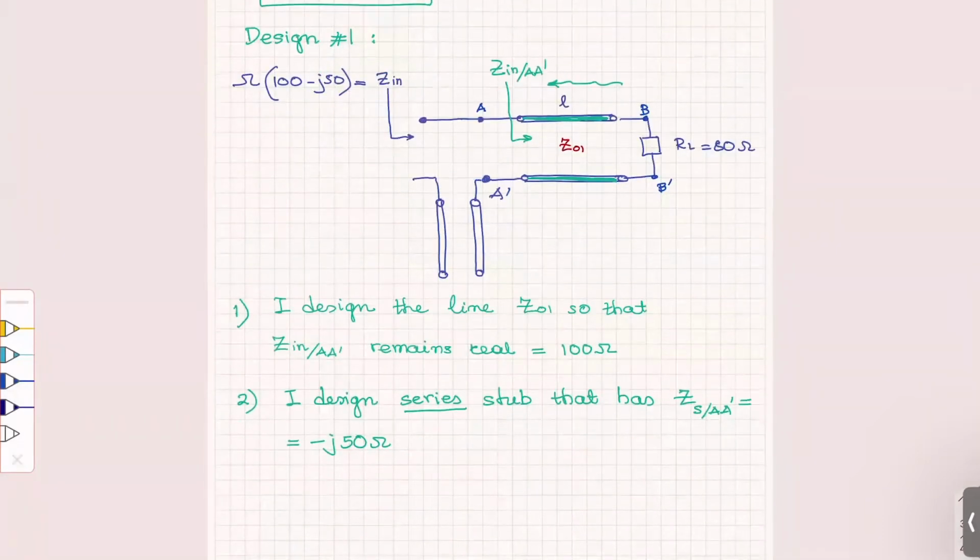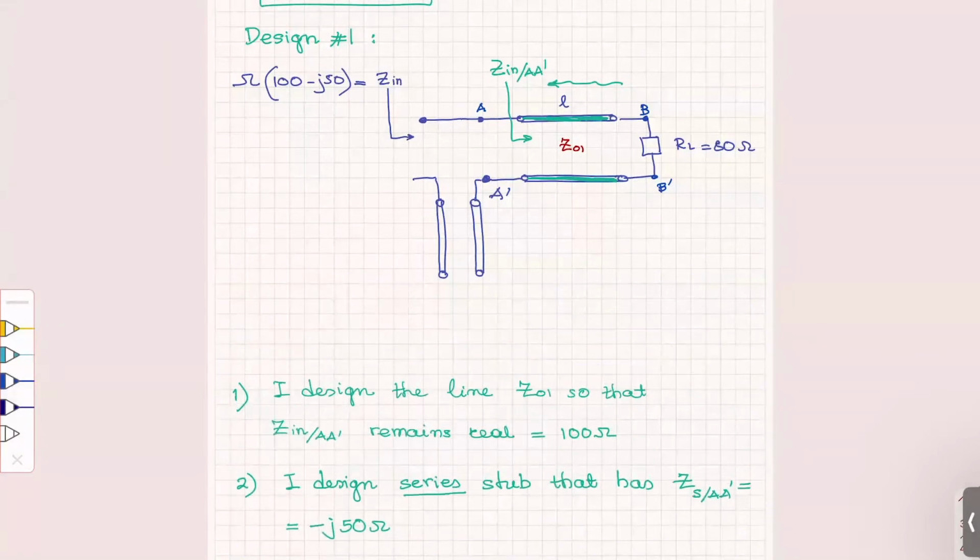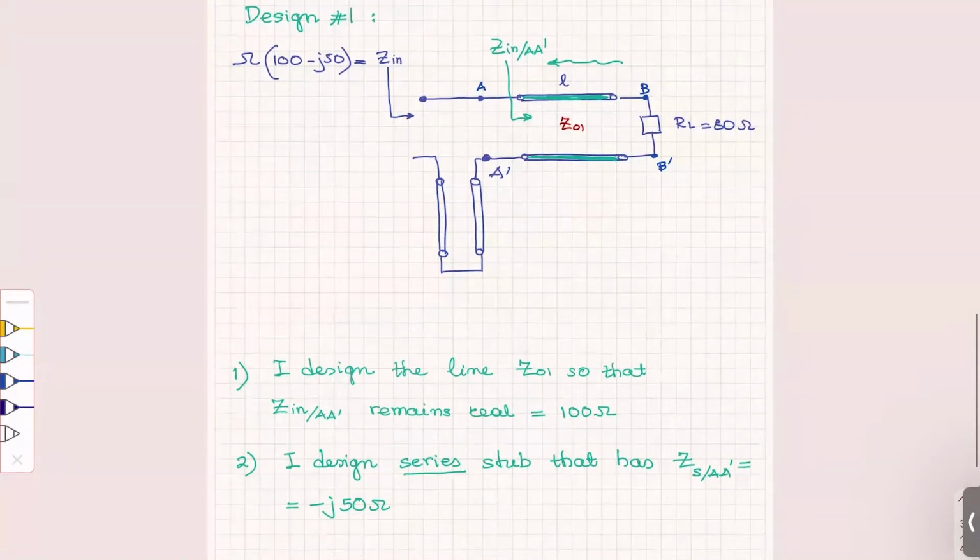I can expect this to be open or short, depending on how we decide to do this. Let's assume that it's short for a moment. You can choose it because nobody is asking you, they just want you to do it. They don't give you any more constraints.